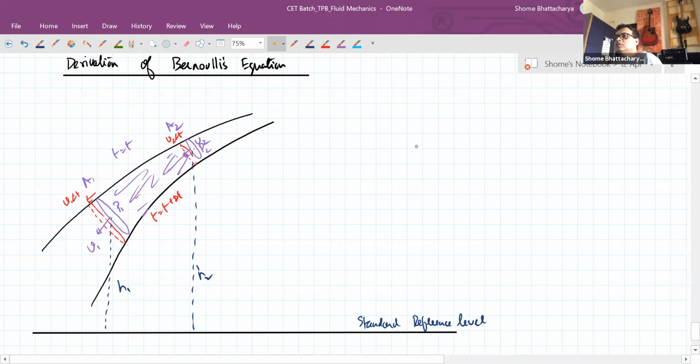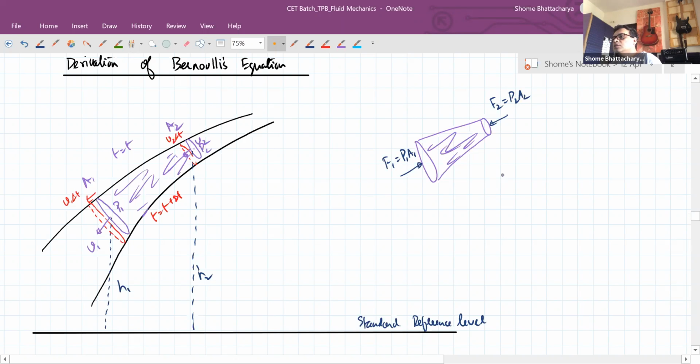So now when we consider this cross section of fluid, you can see that it is experiencing force F1 from this side, which is P1 into A1, and it's experiencing force F2 from this side, which is P2 into A2.